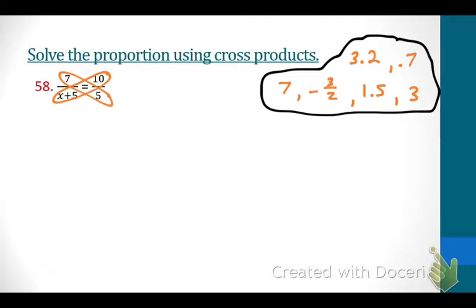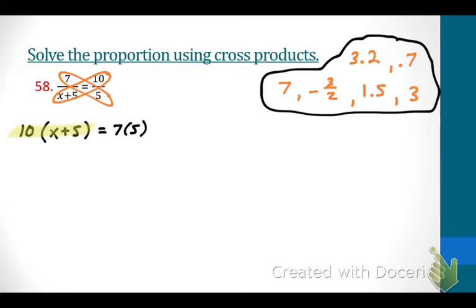Do we want my x to be on the left side or on the right side? You always want the x on the left side. So to the left, this is where most people made the biggest mistake. 10 times x plus 5 equals 7 times 5. How many of you would say your left side looked like that?